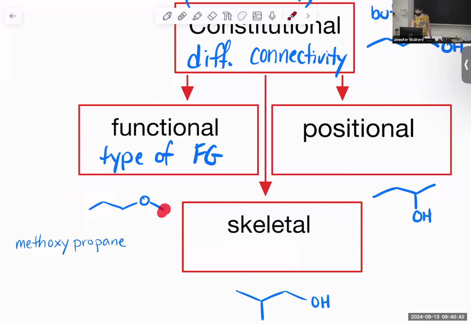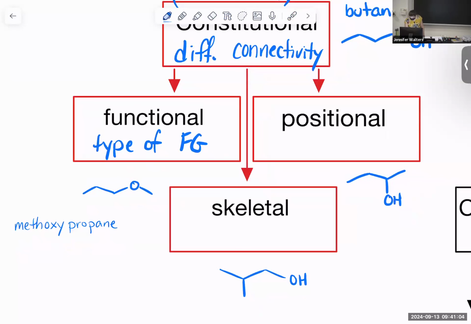You use the root of the shorter side with oxy to say that this is a methoxy group, and then you list the backbone. So then it's just propane. So that is methoxypropane. Did anyone get that right? No? Okay. That's all right. Your exam is, when is your exam? Like a week and a half? Yeah, that sounds right. You have a week and a half to get good at that. You're good.